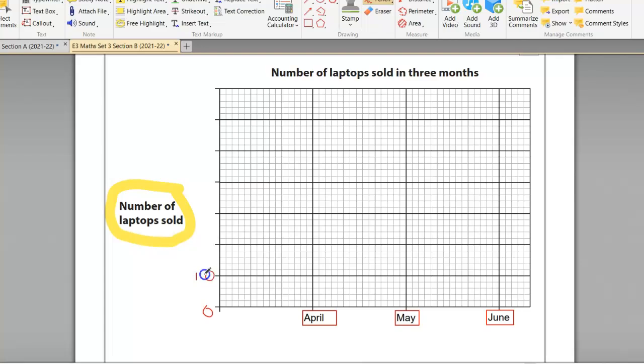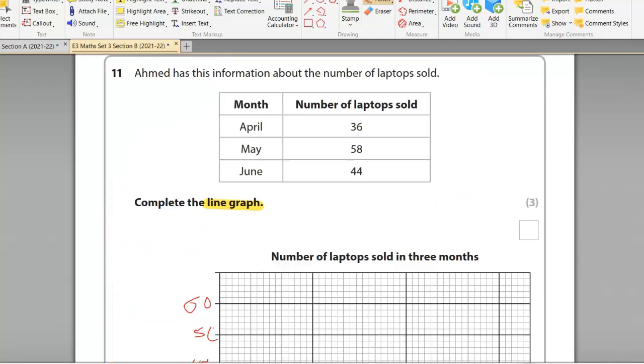Let's go up in tens. 10, 20, 30, 40, 50. It really doesn't like me writing this. You get the gist. 50, 60.